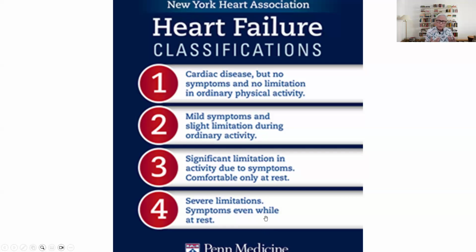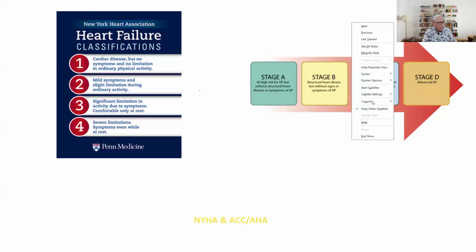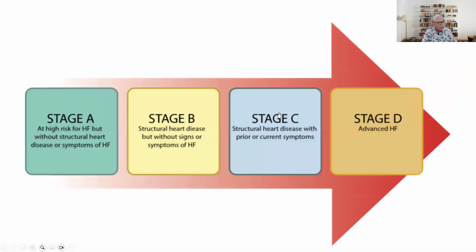So I just wanted to share this with you because you might be thinking that this is something important to remember. Well, I just wanted you to be aware that for classifications, the higher the number is, the more severe the heart failure is. And the other classification that is offered is by the American College of Cardiology.